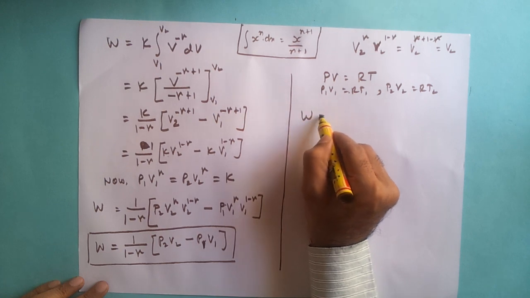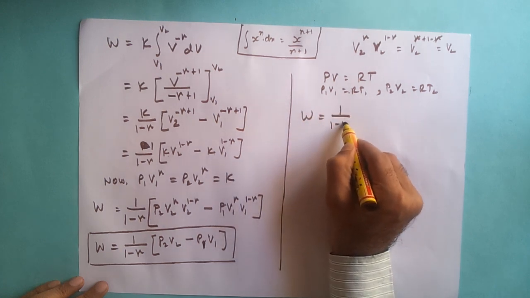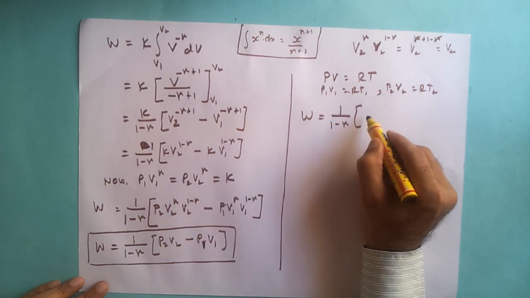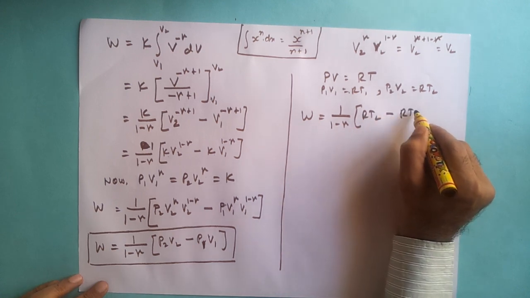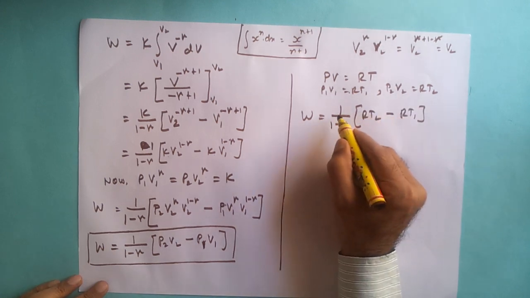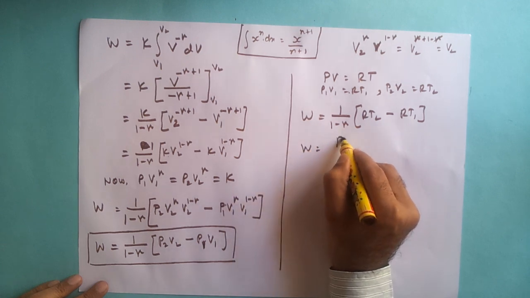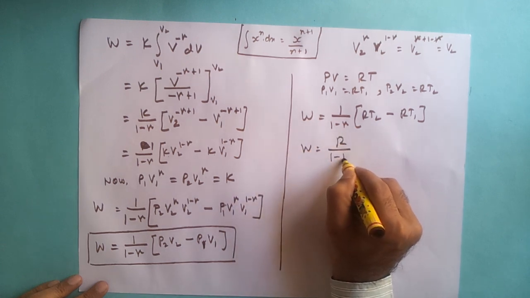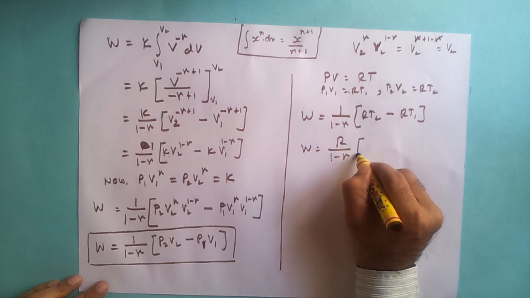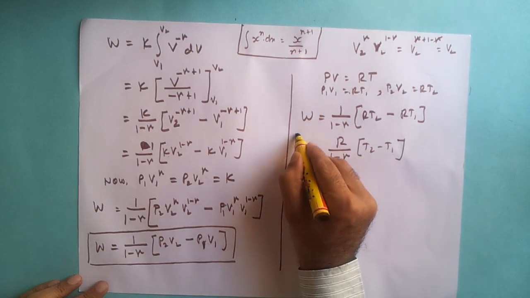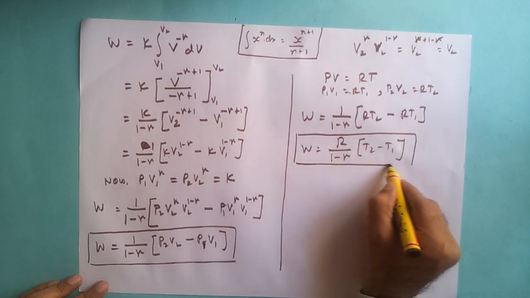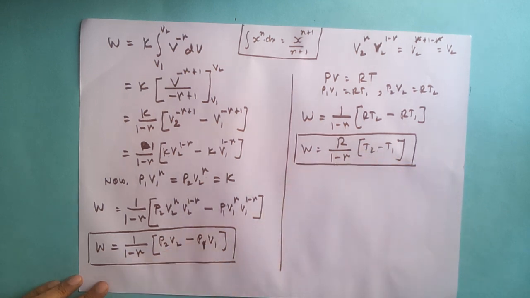So I will write this equation W is equal to 1 upon 1 minus gamma, for P2 V2 it is RT2 minus RT1. R I can take out common, so I'll get R upon 1 minus gamma into T2 minus T1. So this is another equation for work done in an adiabatic process in terms of temperature. Here it is in terms of pressure and volume. So if I know any of these, I can find out work done in an adiabatic process.